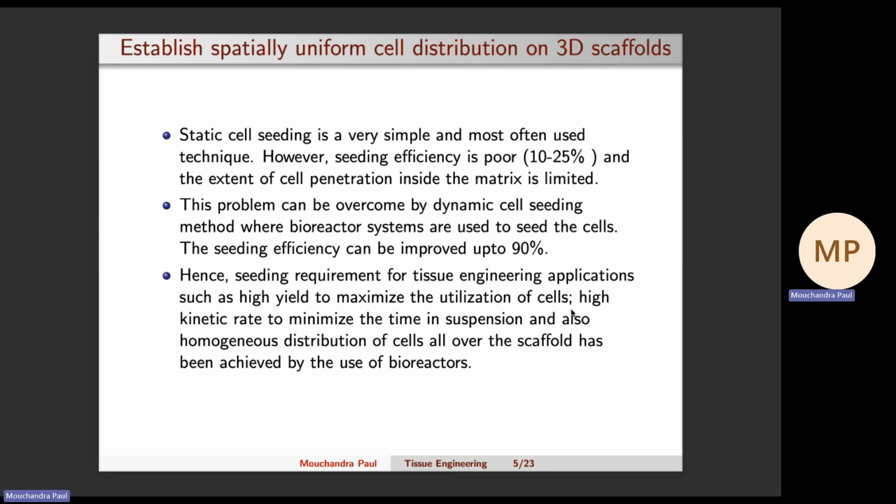And lastly, tissue engineers always want the cells to be homogeneously distributed all over the scaffold. That will ultimately help in the smooth and easy progression of the tissue maturation process. All these requirements can be fulfilled if we use a bioreactor and do dynamic cell seeding.